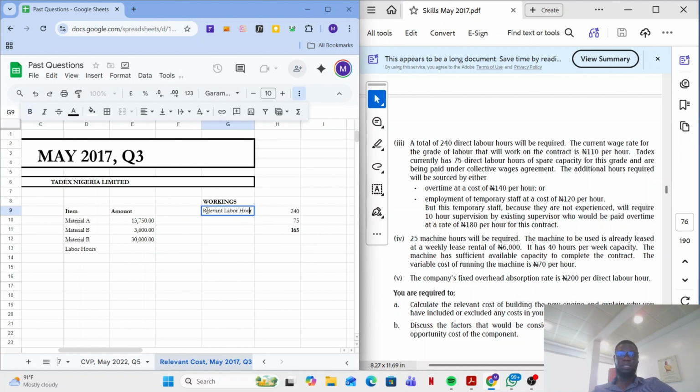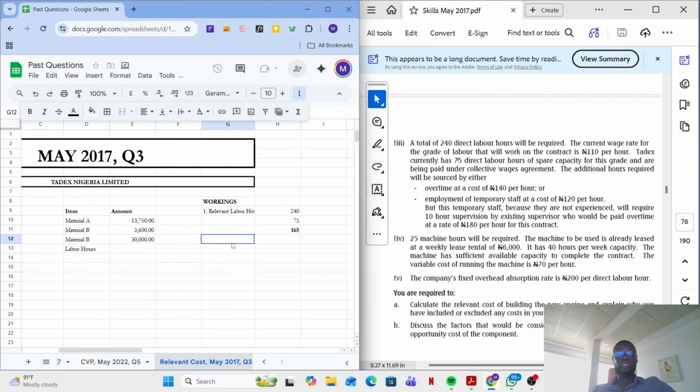Now let's look at it again, because they gave us two options here. Option one is that they can go ahead and hire somebody. Let's read it together: and are paid under a collective wage agreement. The additional hours required can either be sourced at an overtime.